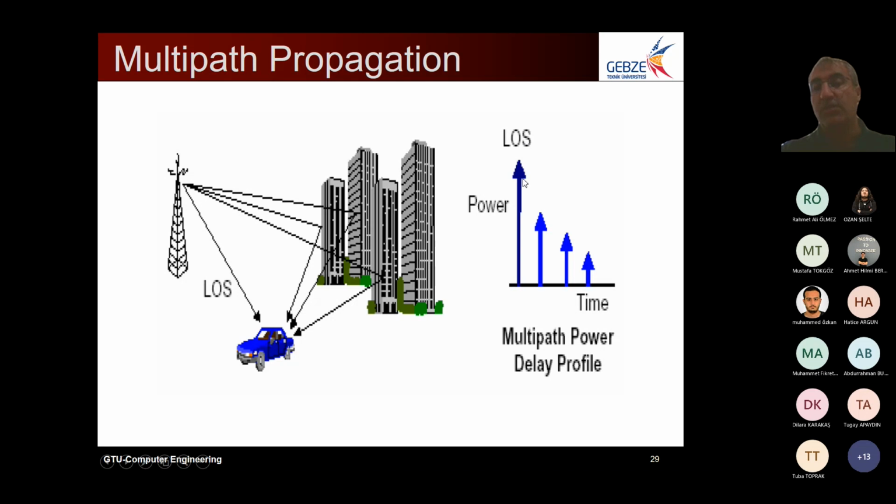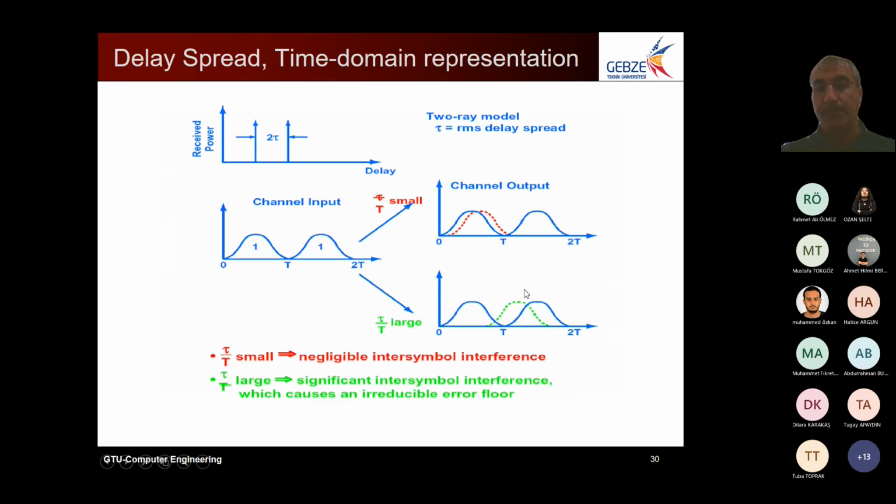Each of these impulses represents a path which has an amplitude, phase, and a delay. So let's consider a two-ray model to show you the RMS delay spread.